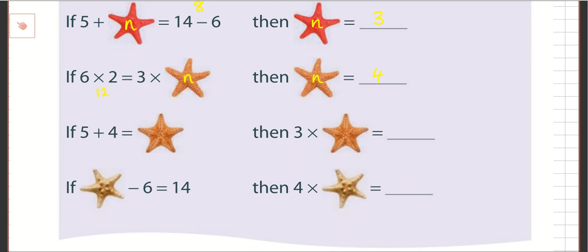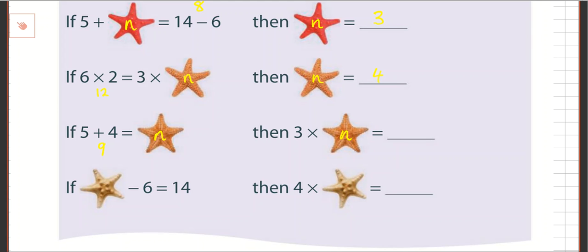Okay. Jackson, 5 plus 4 is n. Therefore, 3 times n should be... You're close. You did the first step. That's 9. N is 9, but I'm asking you for 3 lots of n, which is... Give him a chance.